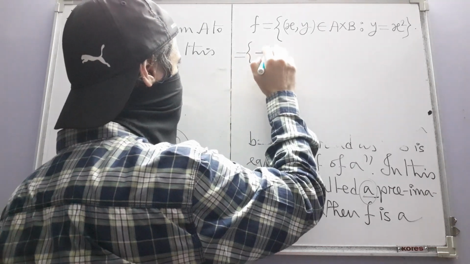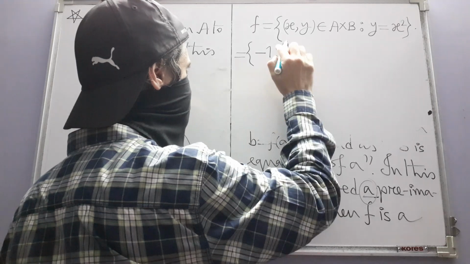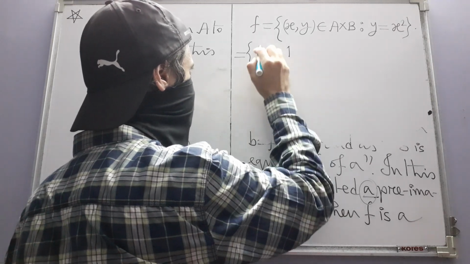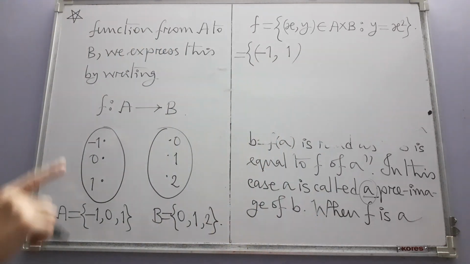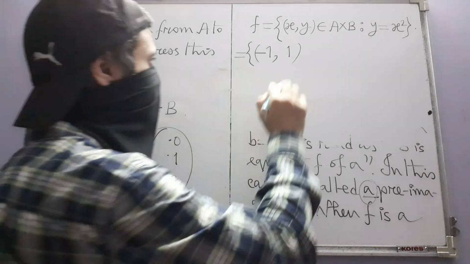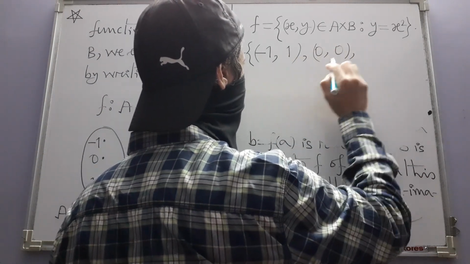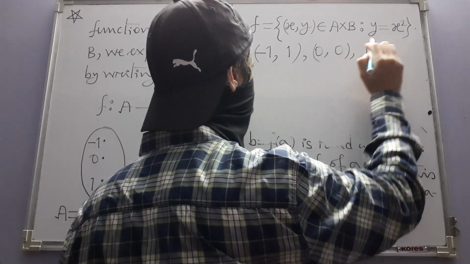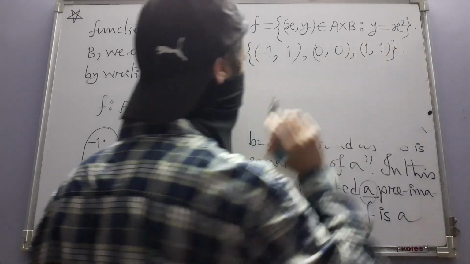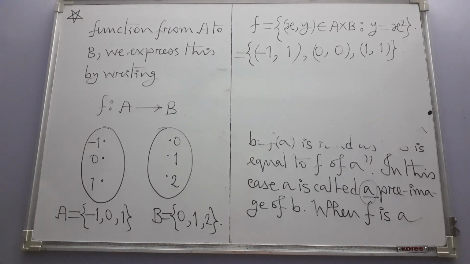So if my first coordinate is -1, then its square is 1, because y should be x square. When it is 0, 0 square is 0. When it is 1, 1 square is 1. So this is my relation.